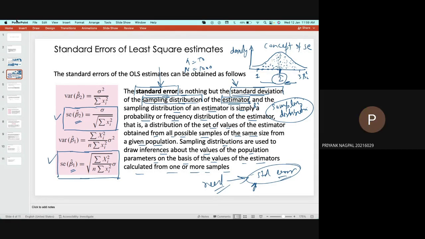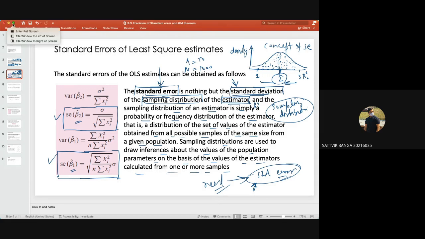So standard error here means the standard deviation of the sample? Yeah, standard deviation of the sampling distribution of the estimator. And what is sampling distribution then?